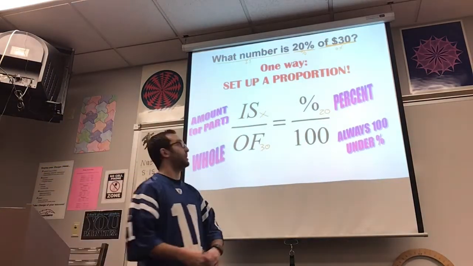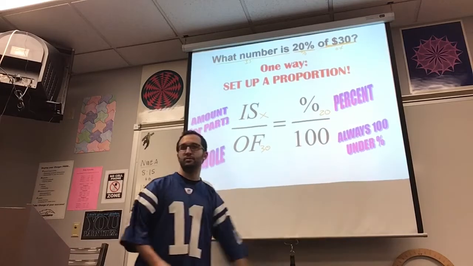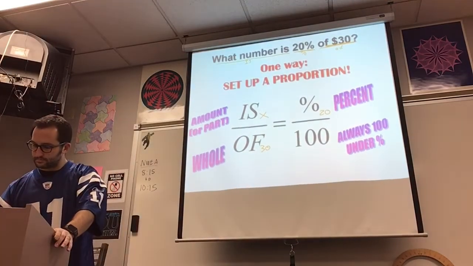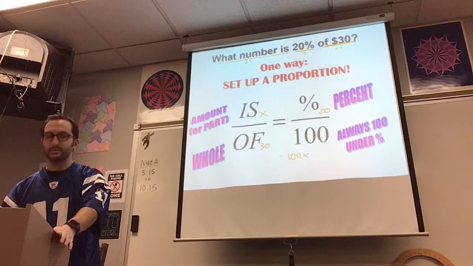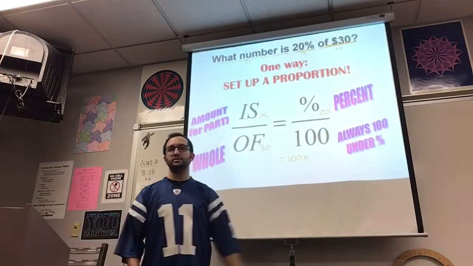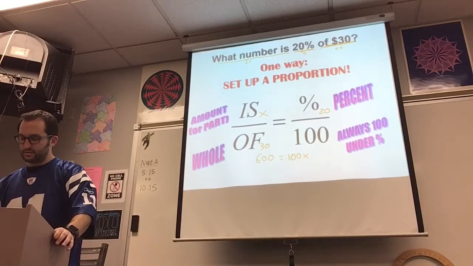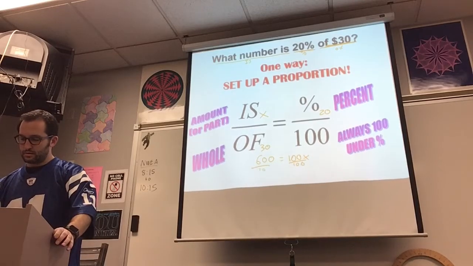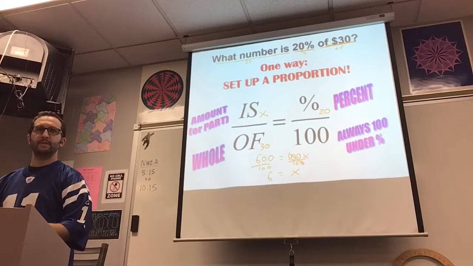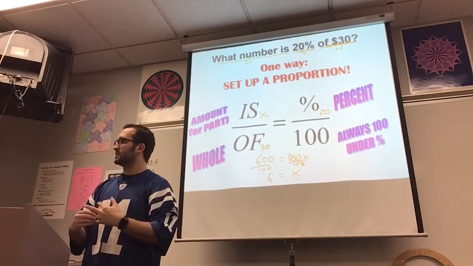Now we would cross multiply. X times 100 would be 100x. 20 times 30 is 600. We divide both sides by 100, and we get 6 equals x. Which validates what a lot of you guys were saying.